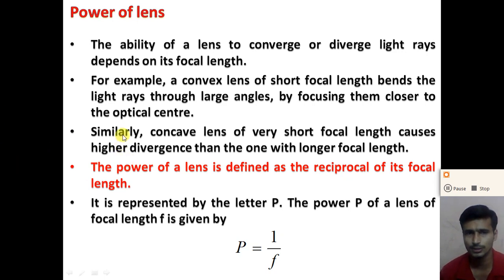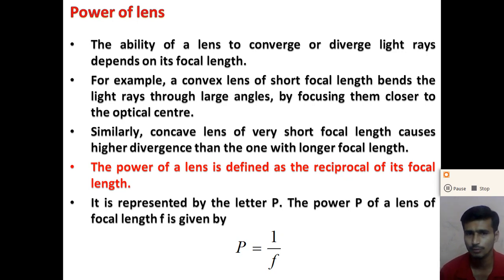Similarly, a concave lens of a very short focal length causes higher diversion than one with a longer focal length. The rays diverge at a very large angle compared to a concave lens with a larger focal length.